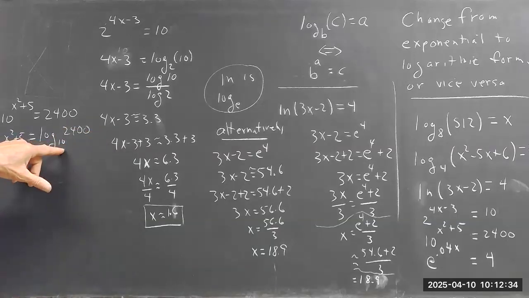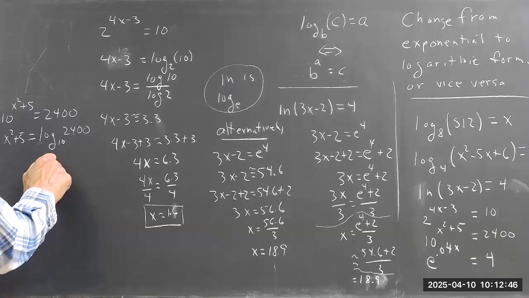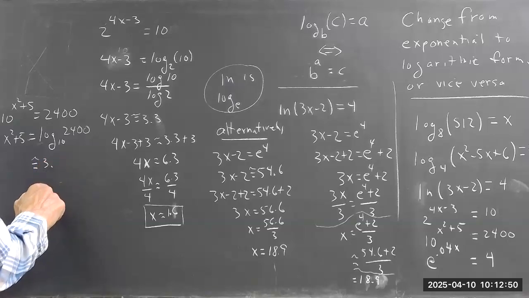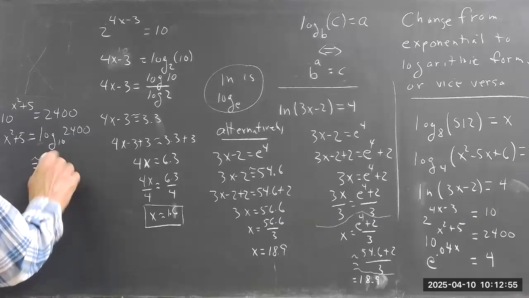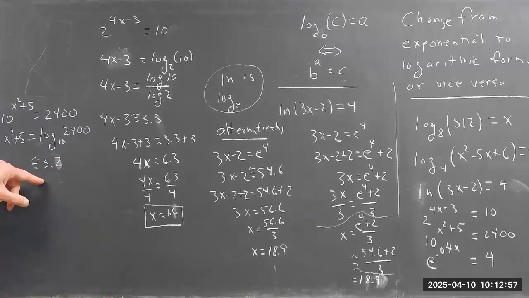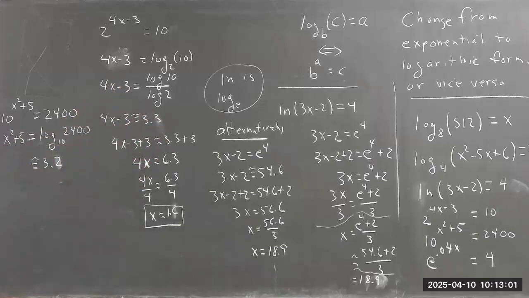Now log base 10 is just your LOG button, which you have on your calculator. So you can evaluate the log base 10 of 2,400, which is approximately 3.2 or 3.3. I'll say 3.2, but that might not be right. But I used 3.3 over here just coincidentally. Comes out kind of simple.